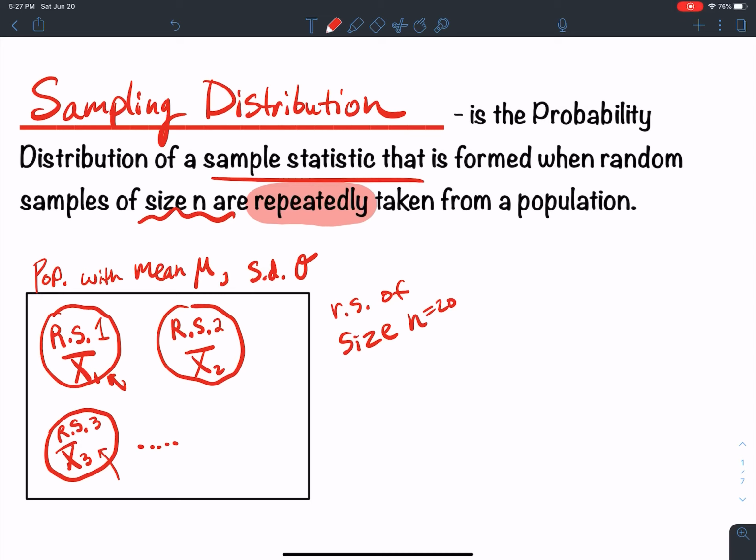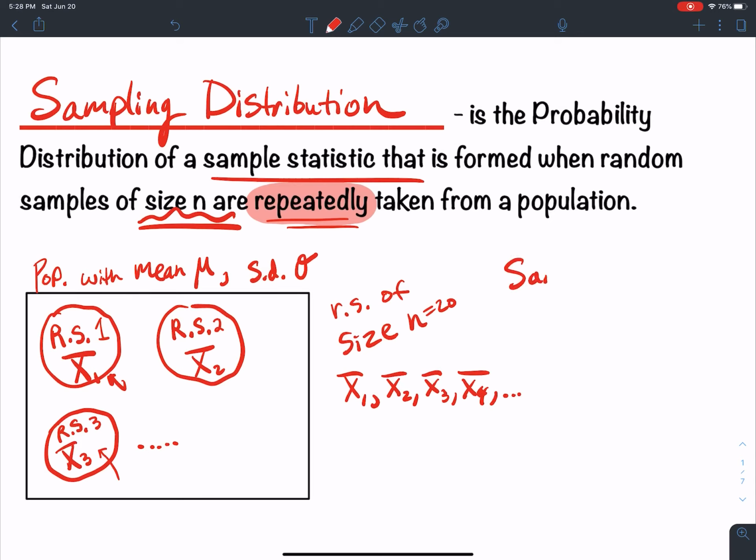Doesn't necessarily have to, but it's 20 people. That's the key. I'm going out and I'm randomly picking the same amount and I'm repeatedly doing it to form a population. What is my population I'm forming? I'm forming sample means. So I'm forming lots of sample means. I keep going out and getting new sample means, and those make up a population.